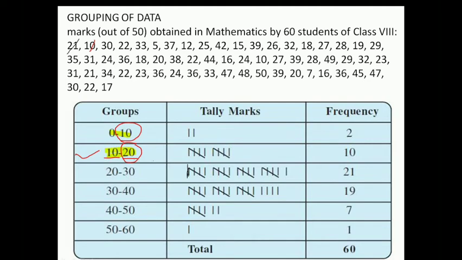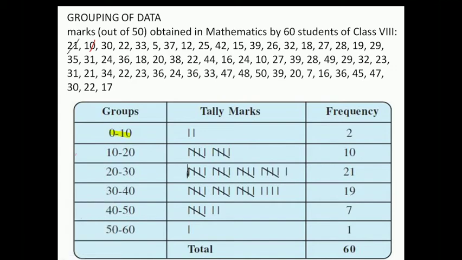Like this, for 20, 30, 40 and 50 I will choose them as lower class limits while grouping data. Okay, I will rub this and now we will solve our example.